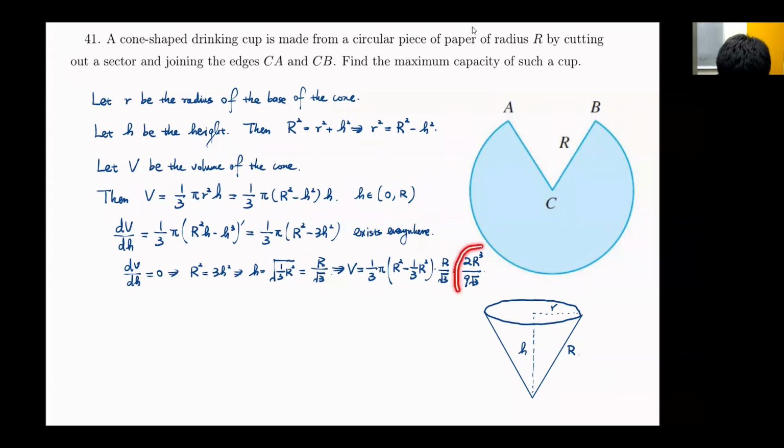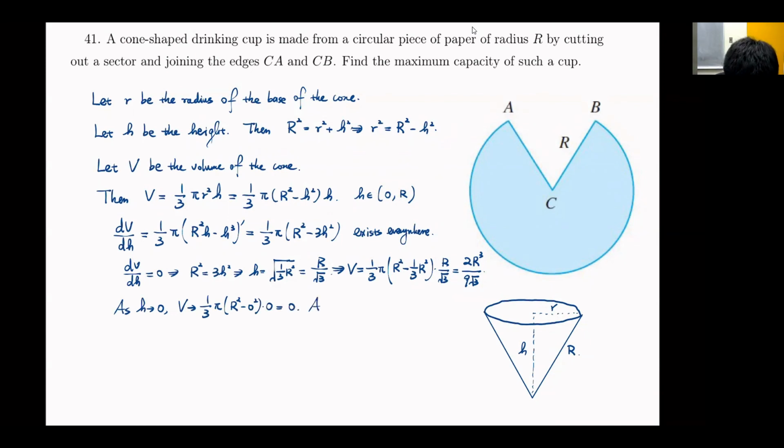To see whether or not we get the absolute max or absolute min, let's look at the limit of the function at the endpoints. As h approaches 0, V is approaching 1/3 pi times (R squared minus 0 squared) times 0. So this is going to give me 0.